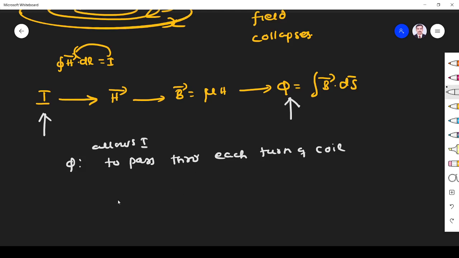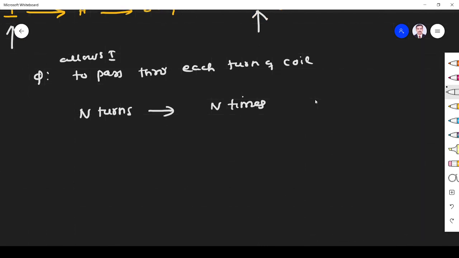If our coil has n turns, then the flux links the current n times. So that flux linkage is represented by the symbol lambda, given by n phi. For one coil, one flux; for n coils, n phi flux. This lambda is known as flux linkage.